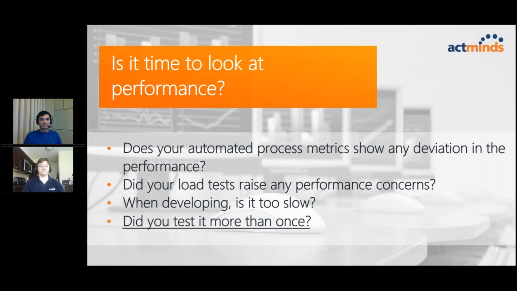So is it time to look at performance? Have you run your load tests? Did they show you that there is a concern? What about your automated metrics, right? You're doing continuous integration and then you're seeing performance slowing. Yeah, then you should work on that.